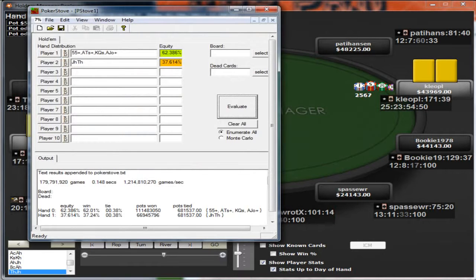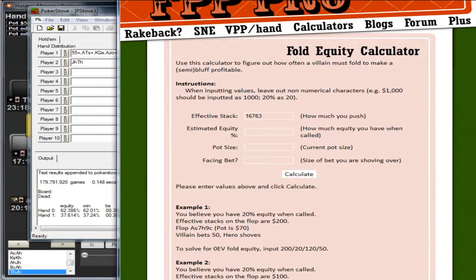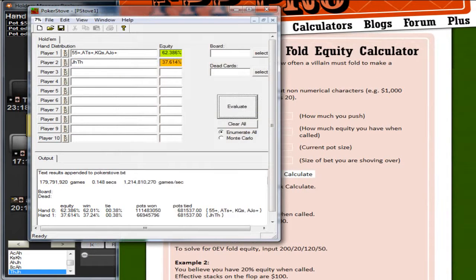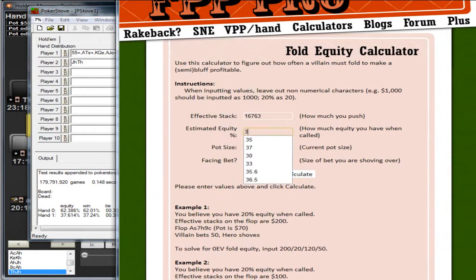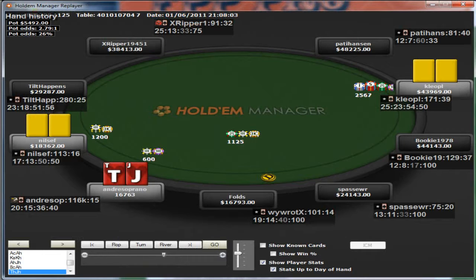So let's go to the calculator and say that our equity is 37.6%.